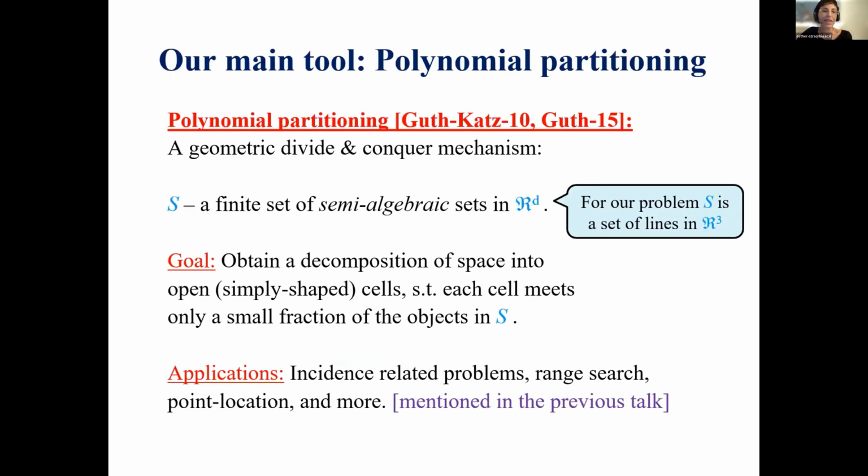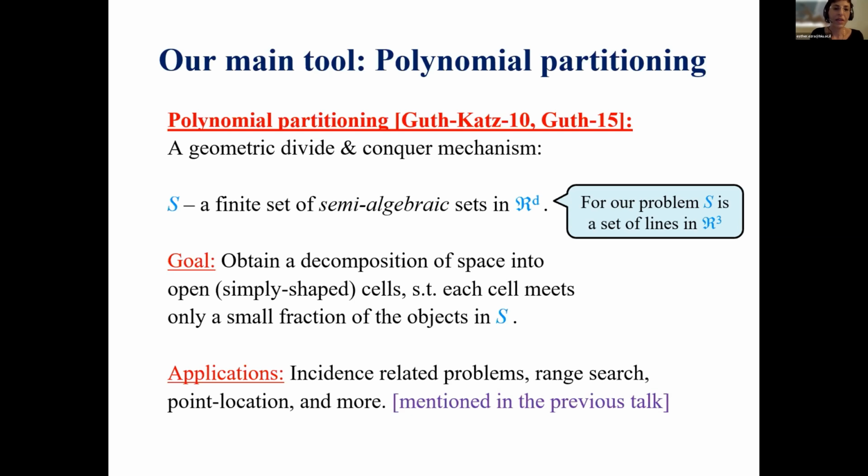And this theorem, this data structure, is based on the mechanism of polynomial partitioning, which Micha presented in his talk, but I also would like to add a couple of words of mine. So this is a geometric divide and conquer mechanism, which is very general.